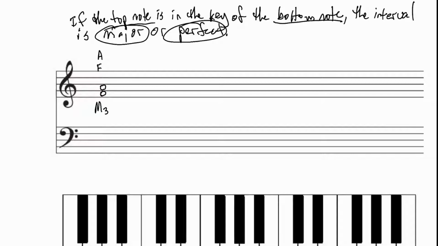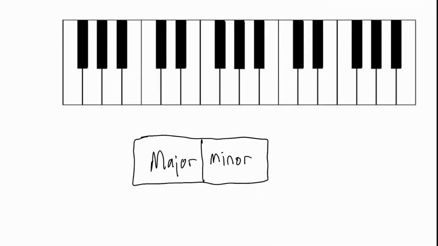Now, if I take this interval, this major third, and I make it a half step smaller by lowering the top note, I am crossing this line. Actually, you know what?